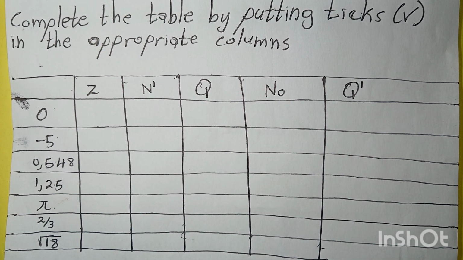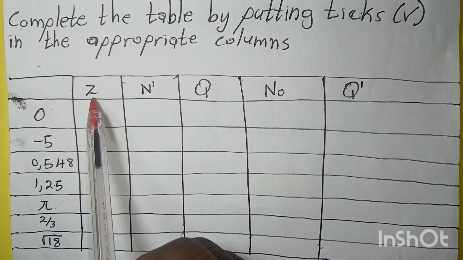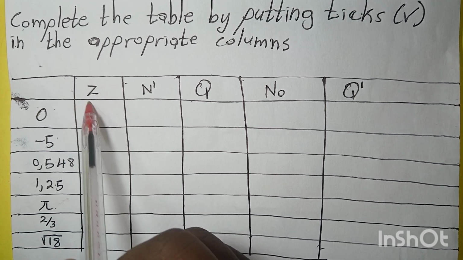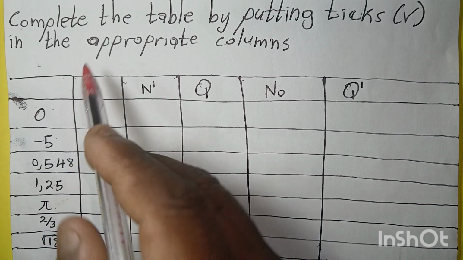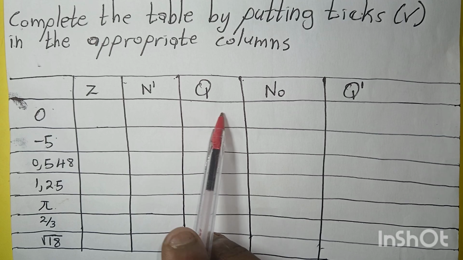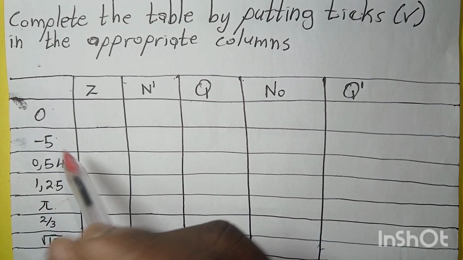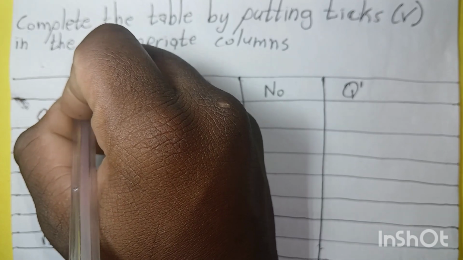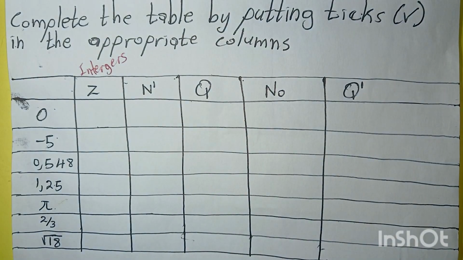So here what you have to do, first you should know what that Z stands for. Remember from my previous video, I told you these are systems of numbers, types of numbers. So that Z stands for integers. Do you see?